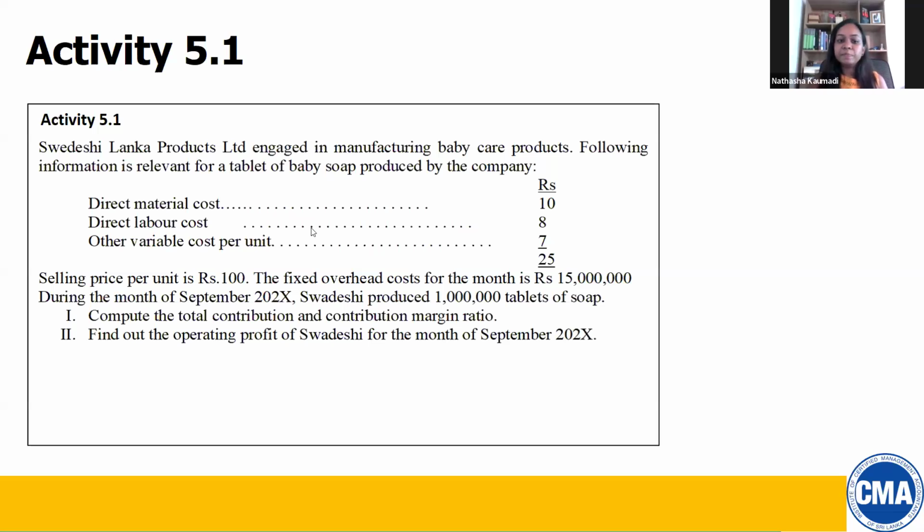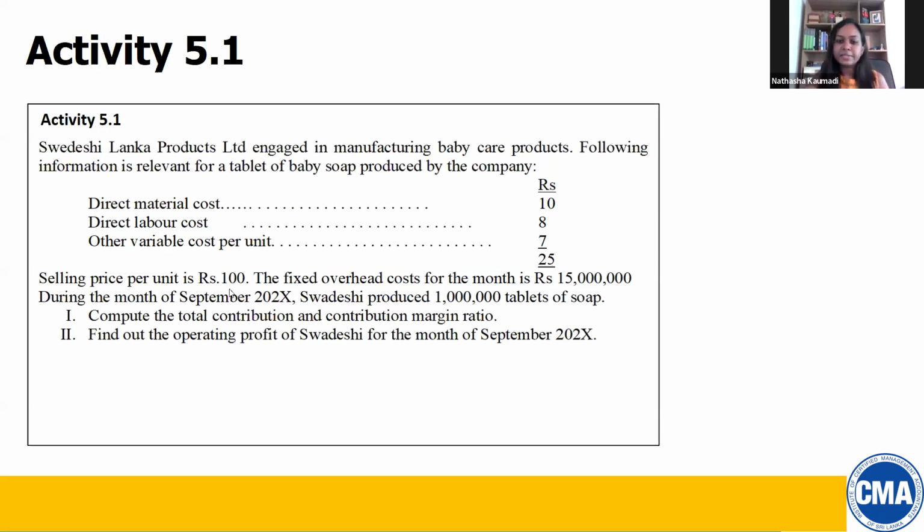Activity 5.1. It says Swadeshi Lanka Products Limited is engaged in manufacturing baby care products. The following information is relevant for a tablet of baby soap produced by the company. Direct material cost is this much, direct labor cost is this much, other variable cost per unit is this much. So altogether, variable cost per unit is 25 rupees. Selling price per unit is 100.